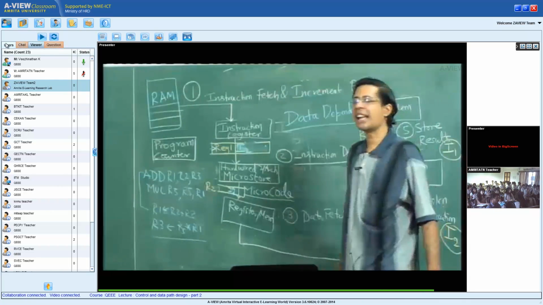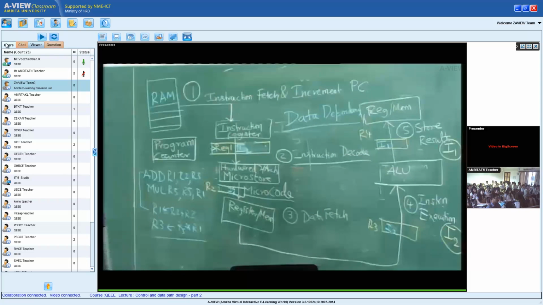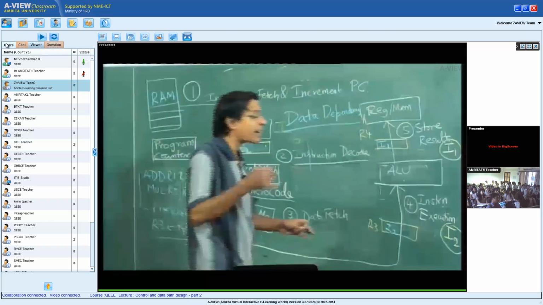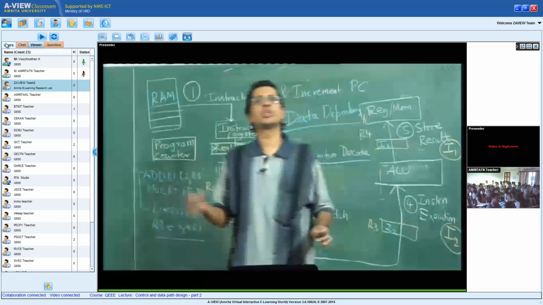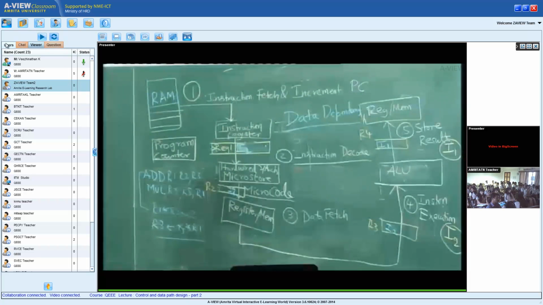In the first class I did talk about transistors, right? So the transistor has a delay. Suppose I want to switch on a transistor, please go back to the first class. When I want to switch on or switch off a transistor, there is some delay involved.